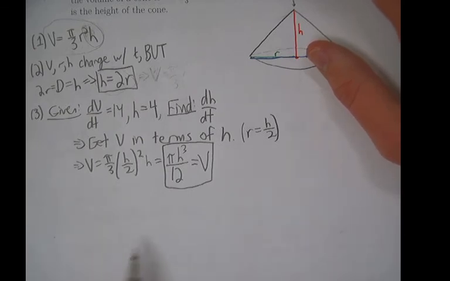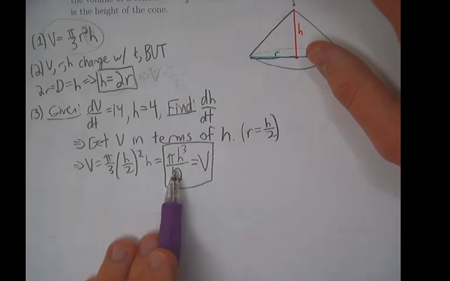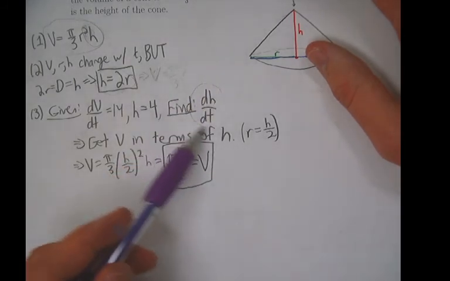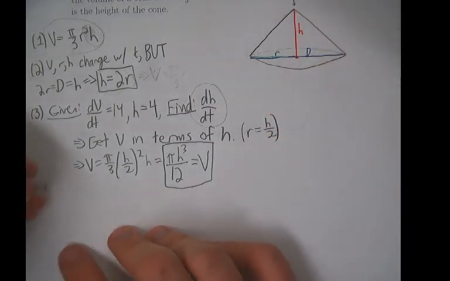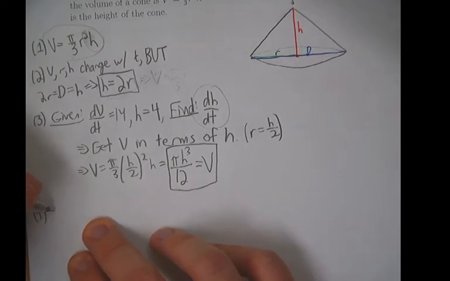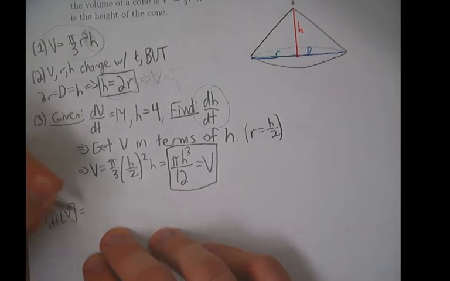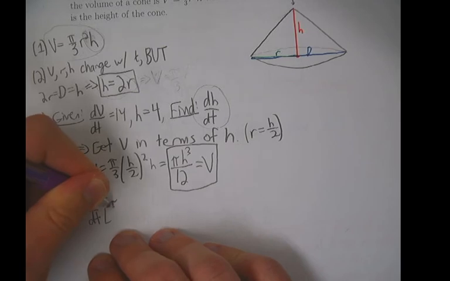Now we have volume in terms of height, because we need to find dH/dt. So let's go ahead and differentiate both sides with respect to time t. We have d/dt of V equals d/dt of pi over 12 times H cubed.